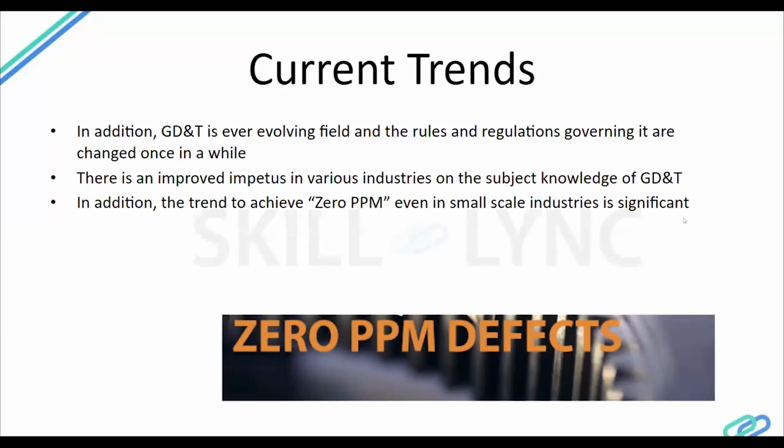So it's like, if they manufacture 1 million parts, they want to achieve zero ppm. They don't want to make even one part of not so good quality, and that is the emphasis on quality nowadays. That is how significant GD&T is, and how significant quality control is, and everything involved around it.